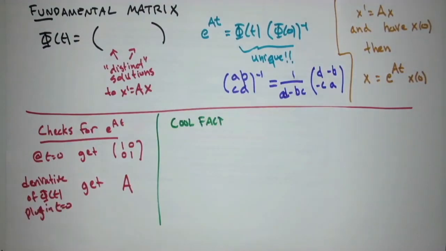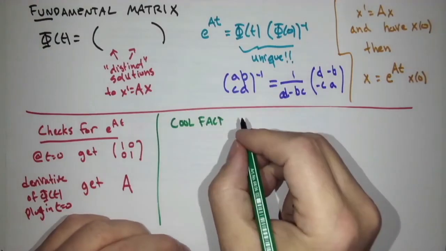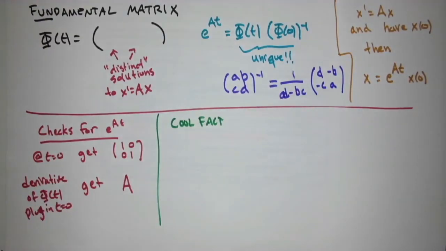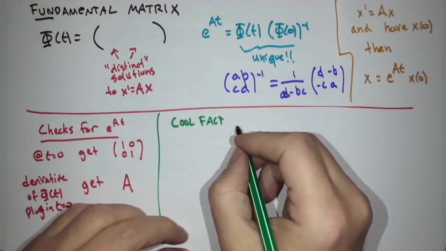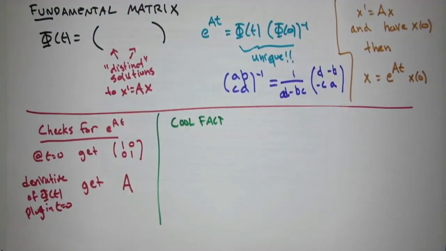The reason that this works is because there's an alternative way to compute e to the at, where you have that big infinite sum. 99% of the time, that's a terrible way to compute it. But if the roots are repeated, you can rig it so that all the terms disappear except for just a little bit at the start.